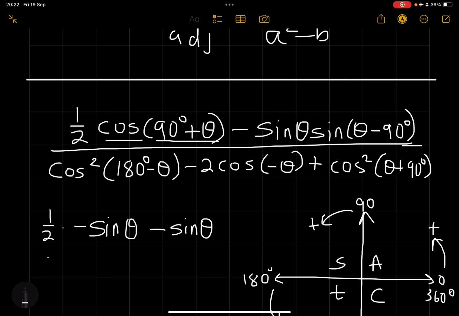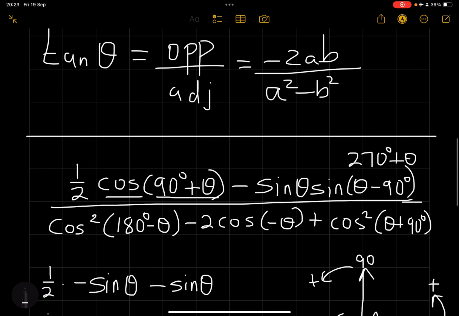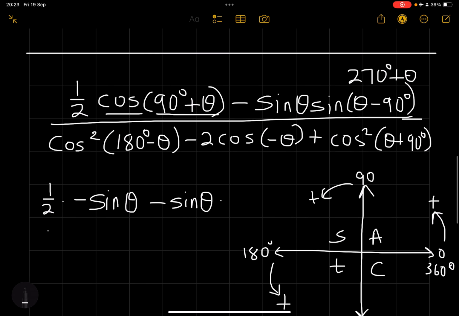And then we have sine of minus 90 plus theta. Remember I said if we have minus, you just say minus 90 plus 360. That's like having 270, so you have 270 plus theta there basically. Do you see it? 270 plus is in the fourth quadrant, and cos and sine are negative in the fourth quadrant, so I'll say negative.